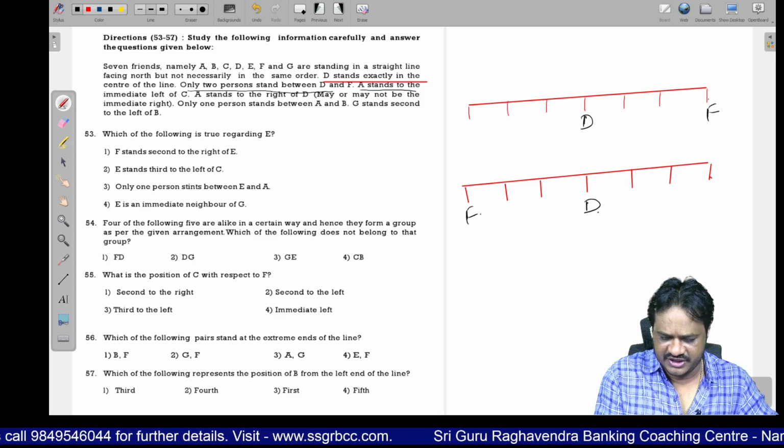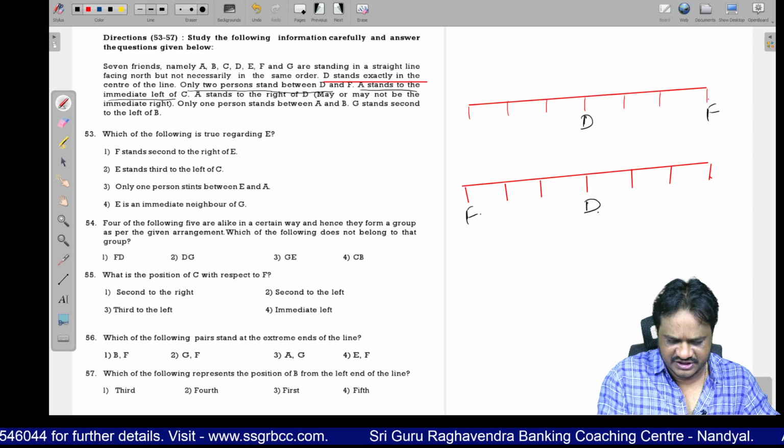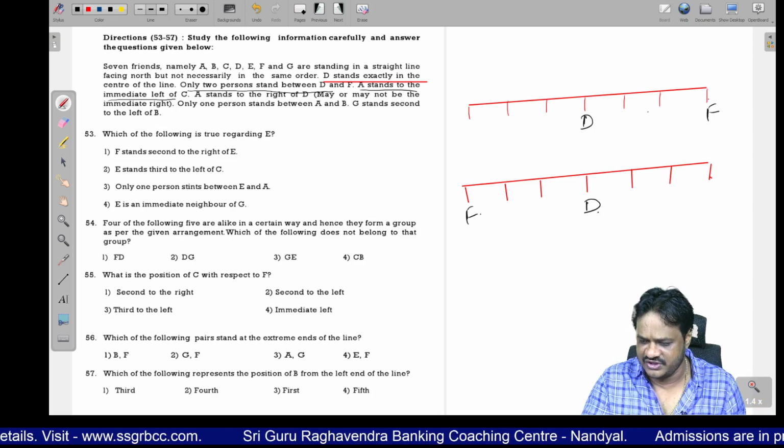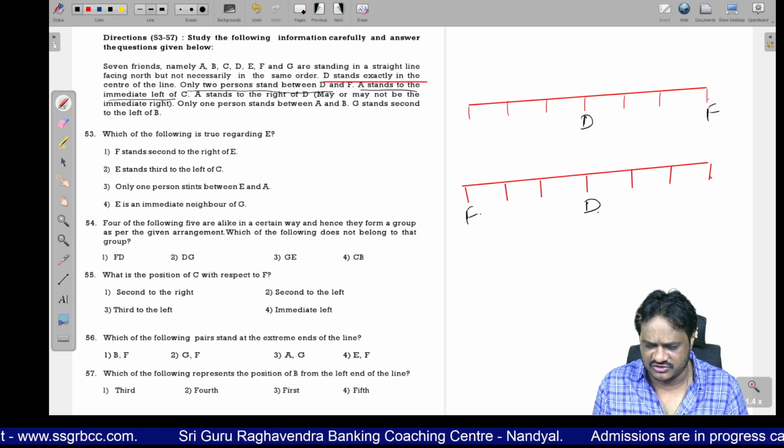Then A stands to the immediate left of C. So here you are having so many options.